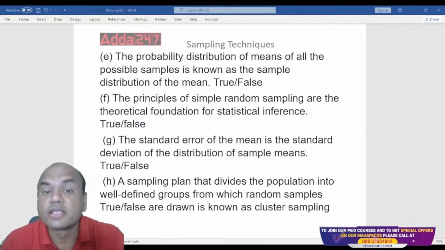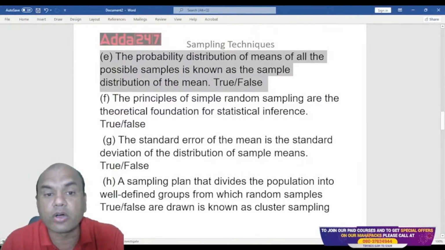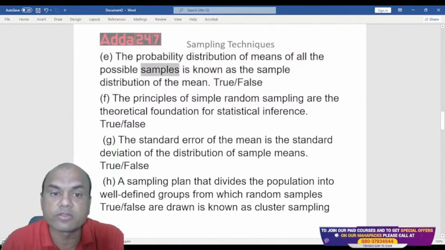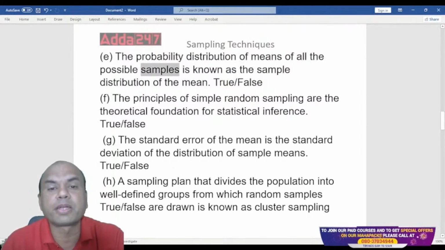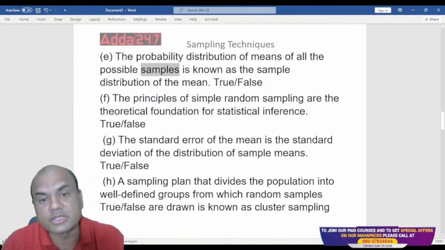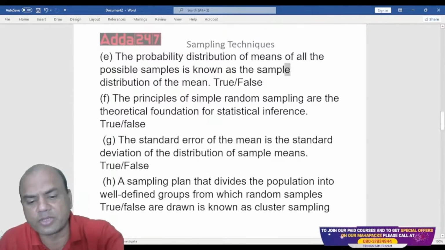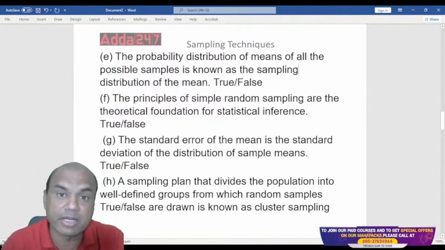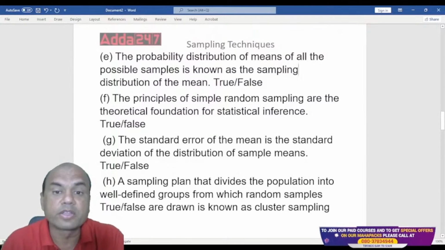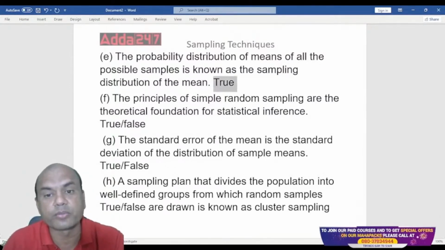We are focusing on the word samples here. Whenever we do the probability distribution of any mean, mode or median for the samples, it is called a sampling distribution. That is the right word actually, sampling, but in the exam they might give you sample also. So this answer is again true.